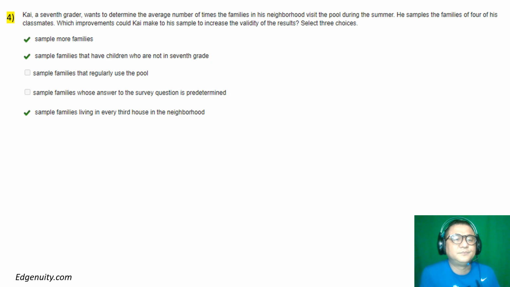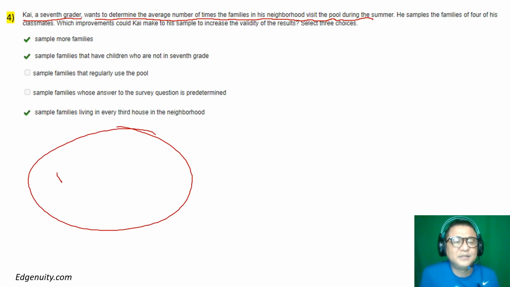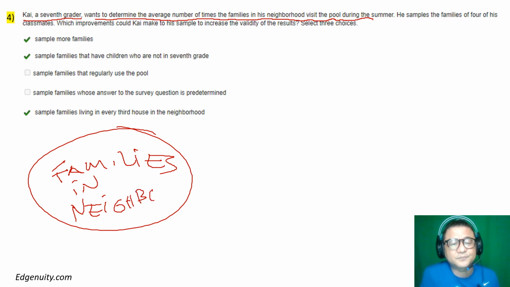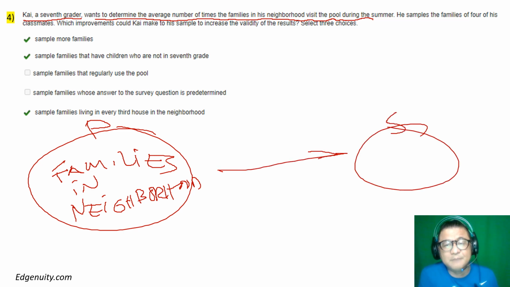Lastly, Kai, a seventh grader, wants to determine the average number of times the families in his neighborhood visit the pool during summer. So remember, always list down the population and compare it with your sample. Families in the neighborhood.